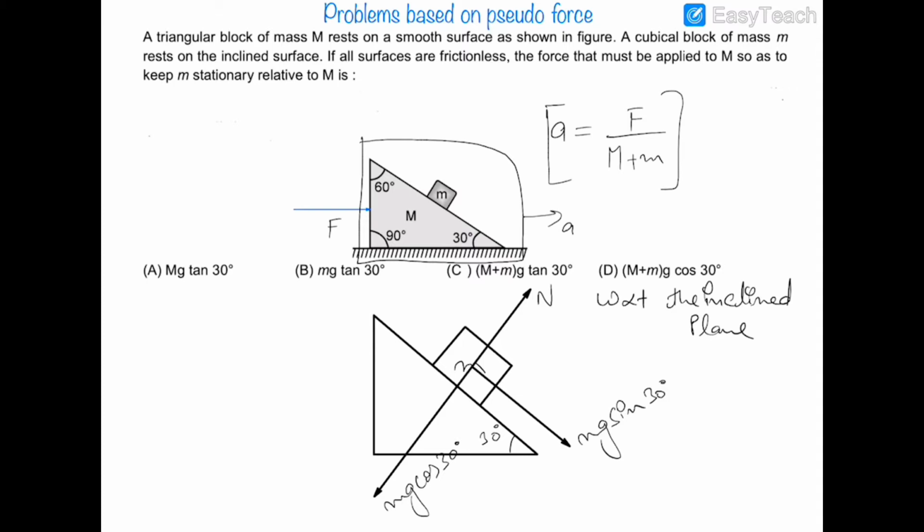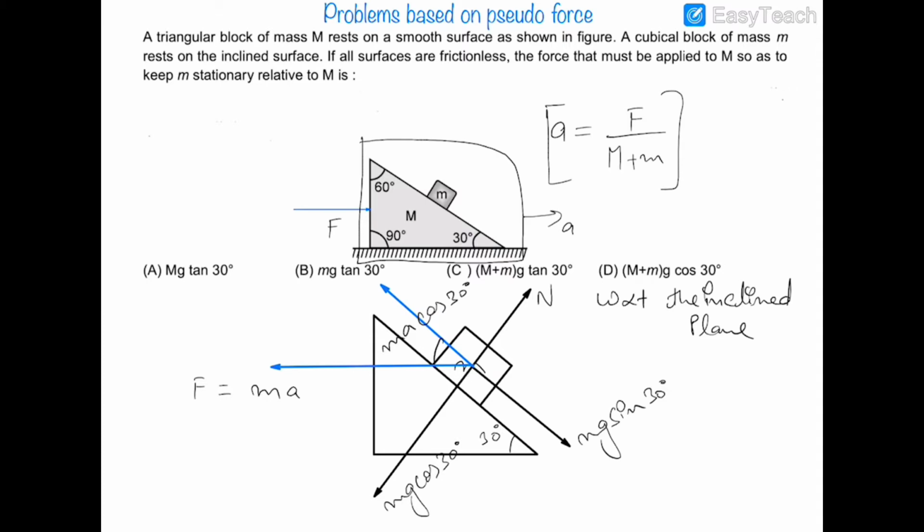The acceleration of the system is towards the right side, so the pseudo force will be acting towards the left side. The pseudo force acting on this block of mass m will be F equal to ma, and its component parallel to the inclined plane will be ma cos 30. This angle is 30 degrees.